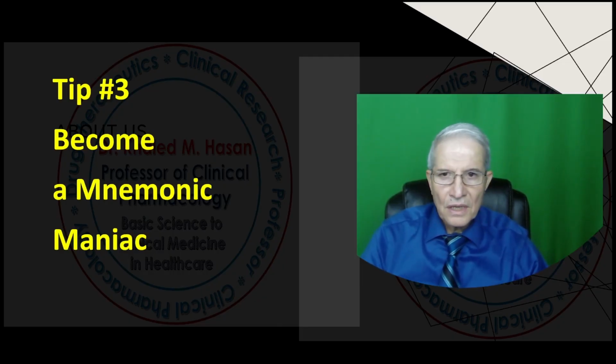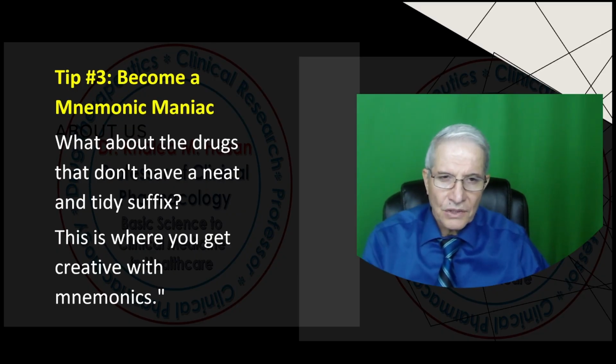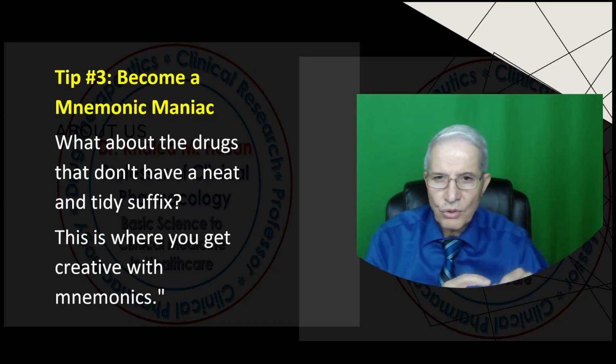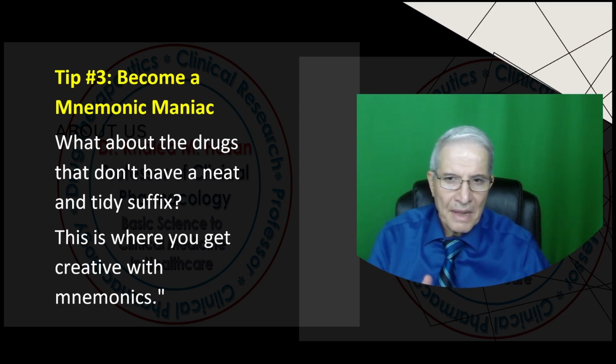Okay, moving to the third tip. The third tip will be become mnemonic maniac. Regarding mnemonic maniac, the first tip is talking about the suffix. The second tip is talking about the flashcard. What happens with a medication that doesn't have a suffix, for example? How can we manage that?